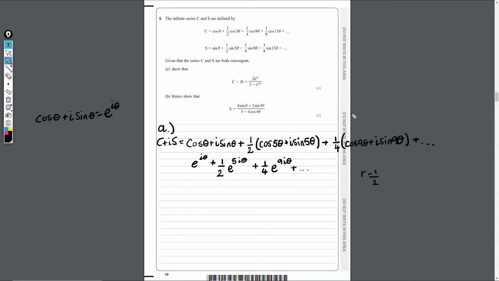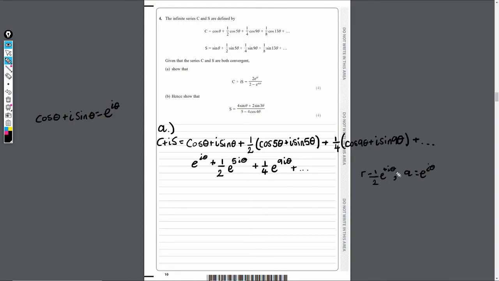Next one would be 1 over 8. So it's a half, my common ratio. And what's my first term? My first term will just be e to the i theta. Oh, sorry, I forgot the r. I got a bit carried away. It's a half. But don't forget, my other part to this is my e term. So it's going to be a half e. And then what happens with the powers? So at each point, it's increasing by 4i theta. Okay? So 4i theta.